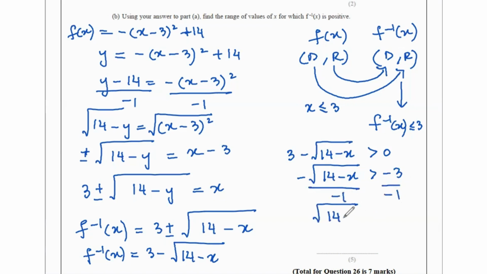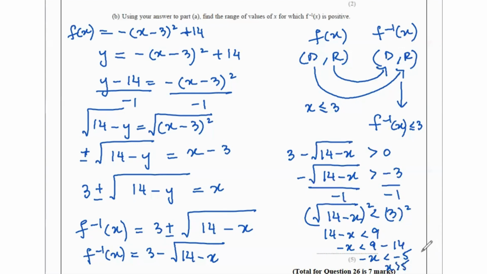That's root of 14 minus x less than 3. Square both sides to get rid of the root. So 14 minus x is less than 9. Negative x is 9 minus 14, which is negative 5. Again, we divide by negative 1, so x is greater than 5.